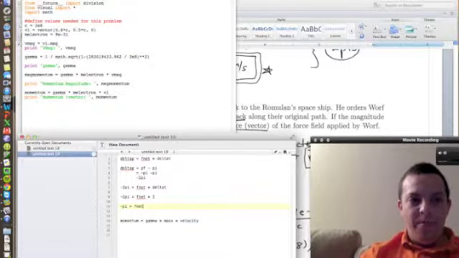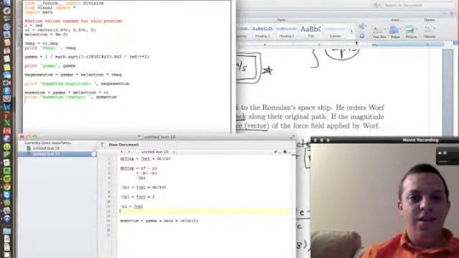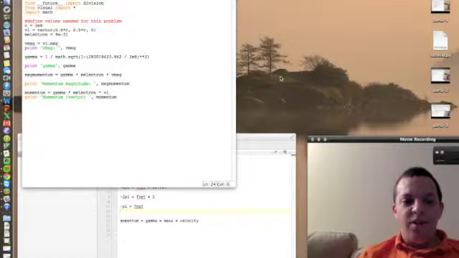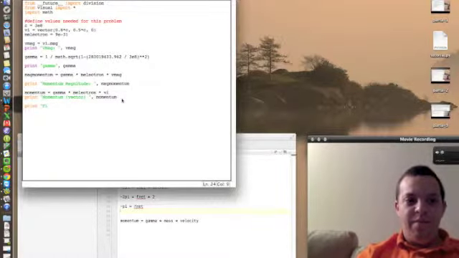So all we need to do is reverse our quantity for momentum, and we'll have the force that we need. We just multiply that quantity by negative 1. Let's print out our final answer, and we're going to be done with this problem.